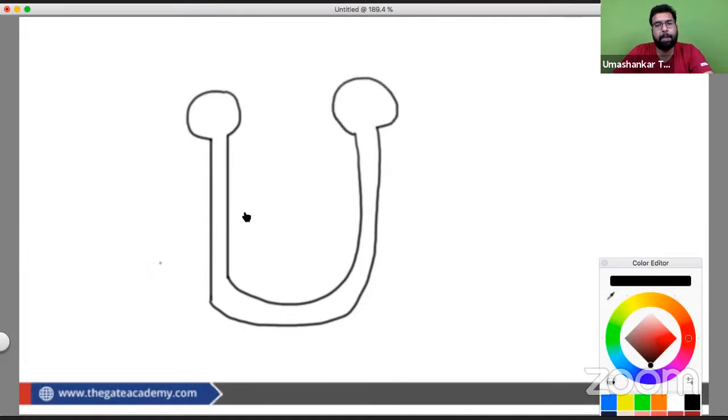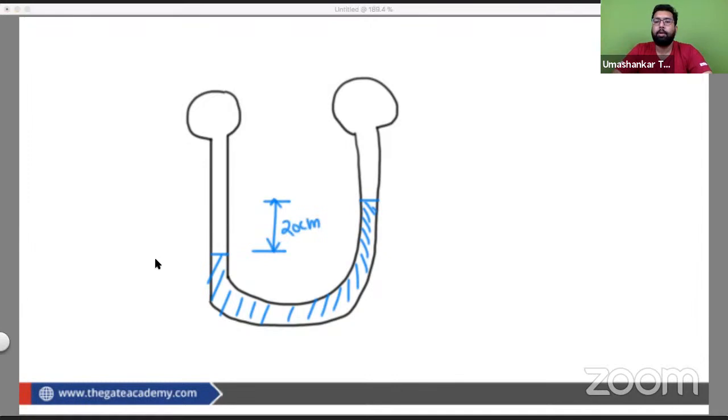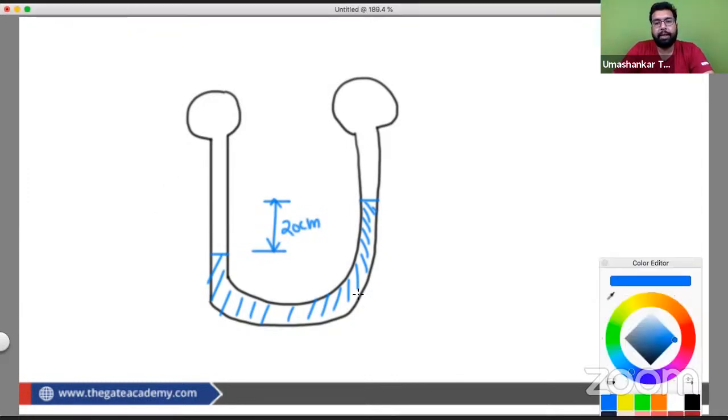Now, we have some oil here, and this is the level of mercury. Let's just focus on the mercury. This is the level of mercury, which is 20 centimeter. Agreed or not?